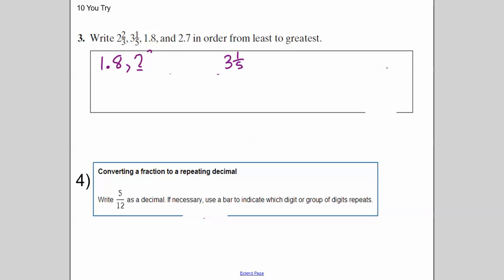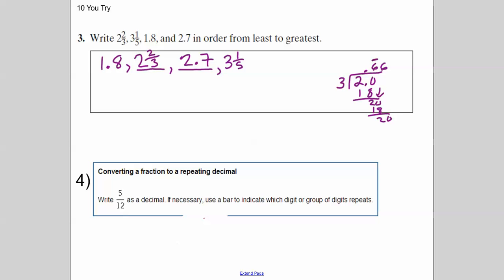So I just need to compare 2 2/3 and 2 7/10ths. So again, if I do 2 divided by 3, I'm going to get 0.6 as a repeating decimal. So 0.6 repeating is less than 0.7. So 2 2/3 is my next smallest number, and 2 7/10ths is my third smallest number.